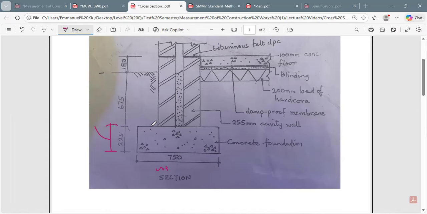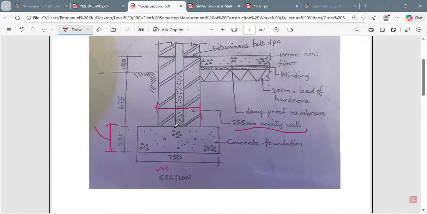Take note also that the block work over here has a dimension of 225 too, so don't let these two things confuse you. The thickness of the concrete is 225, and the thickness of the block wall cavity is also 225. But which 225 are we supposed to subtract from the 750?